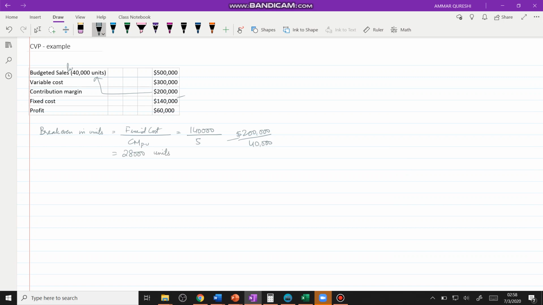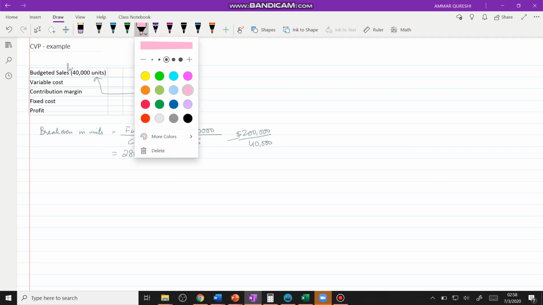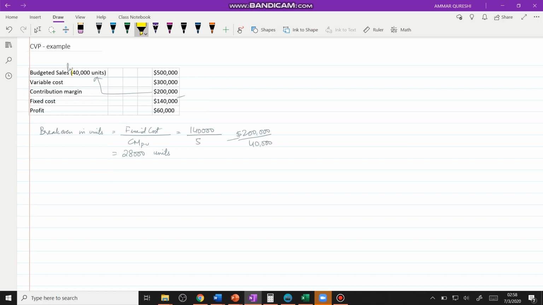And this answer also makes sense. Why? Because the company is selling 40,000 units, and the company is generating profit. That means the company is selling more than the break even point, and that's the only reason why the company is generating profit. So the company should sell 28,000 units in order to achieve the break even. If the company sells more units, it will generate profit, right?